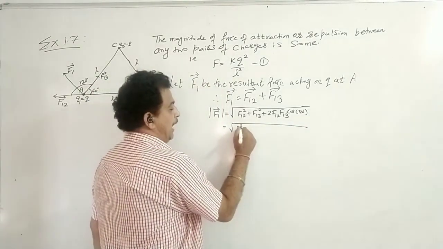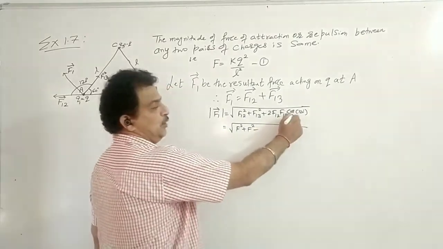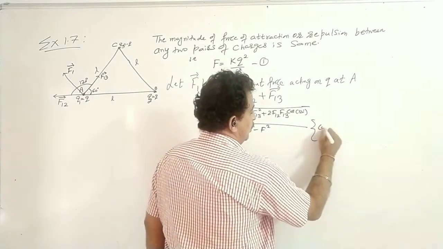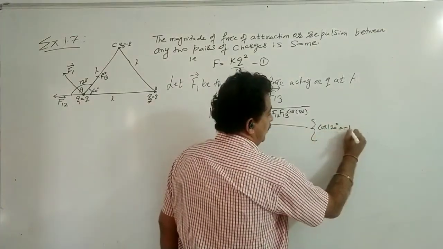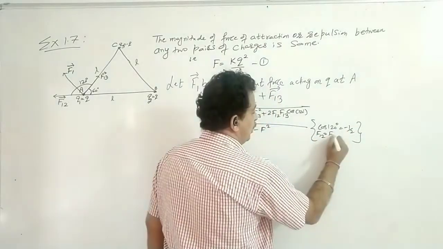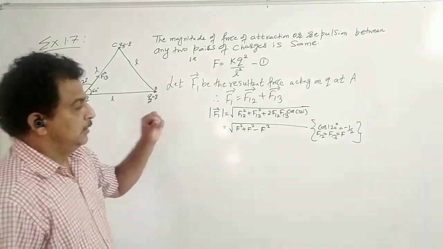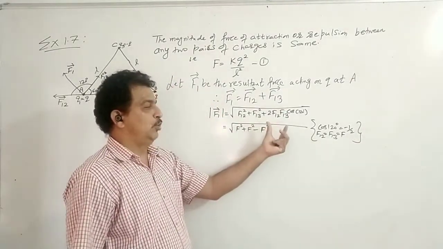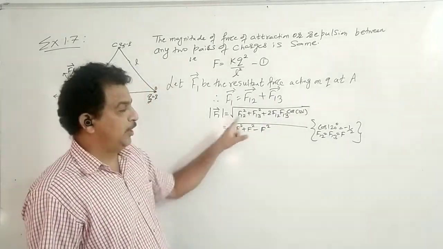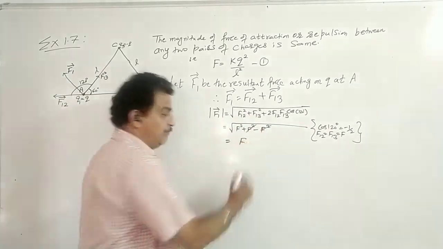So this is F square plus F square minus F square, as cos 120 is minus half and the 2 cancels. For rapid calculation, remember whenever the angle is 120 and both the magnitudes are same, then this is cancelled and you will get the same magnitude.